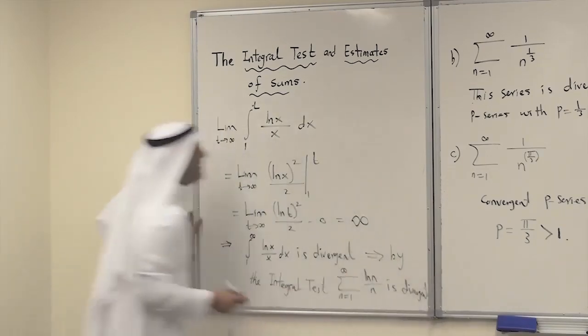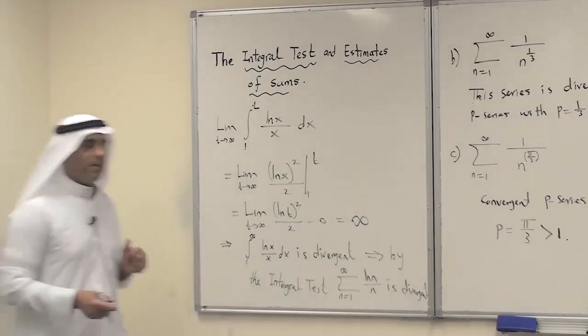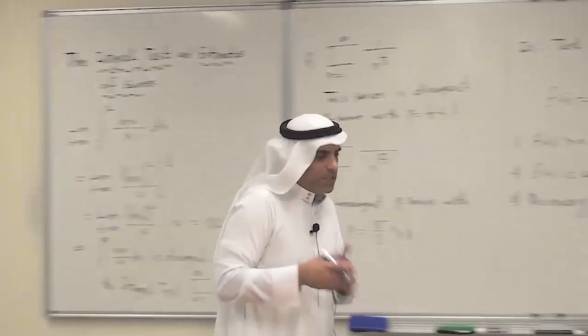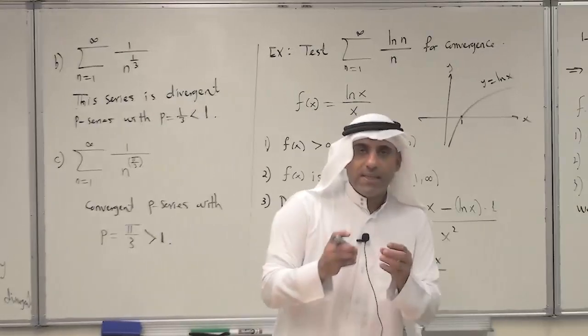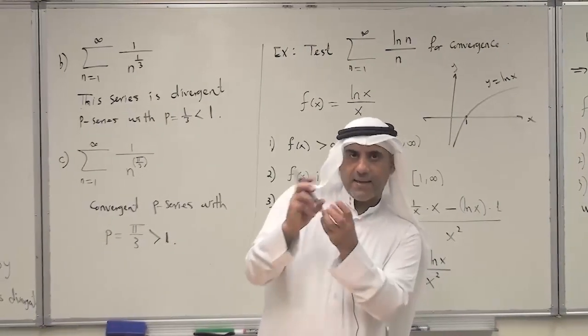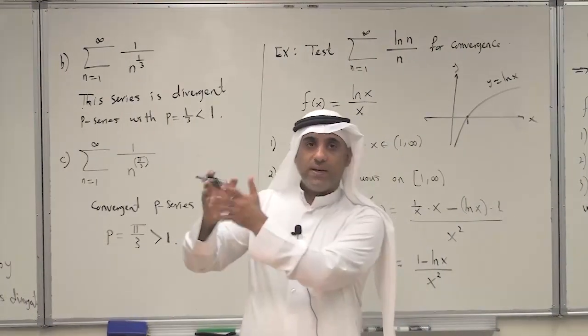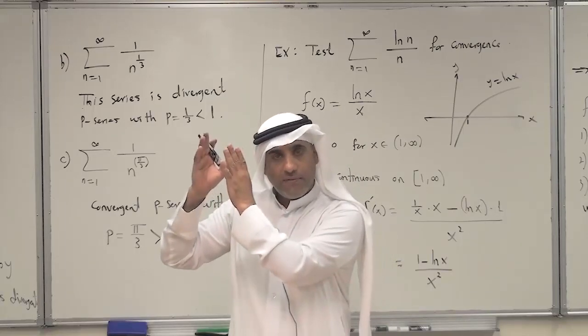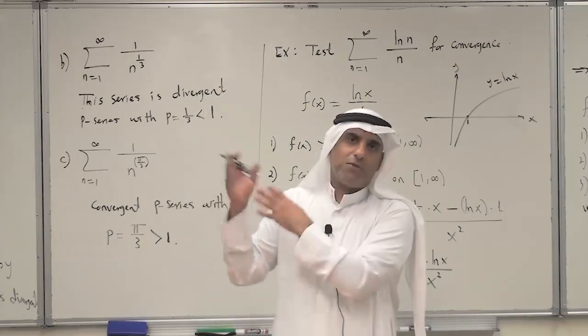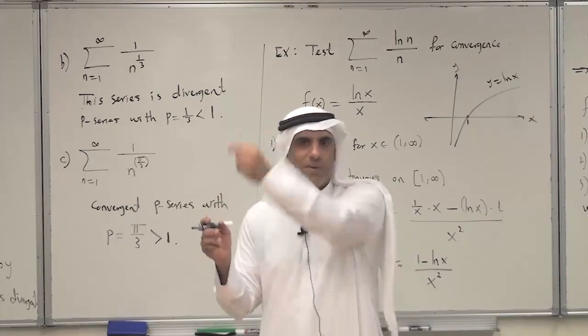So that is another example where we applied the integral test and we reached the conclusion. But in this example, we are relaxing the requirements to have it from a finite positive integer to infinity instead of 1 to infinity.